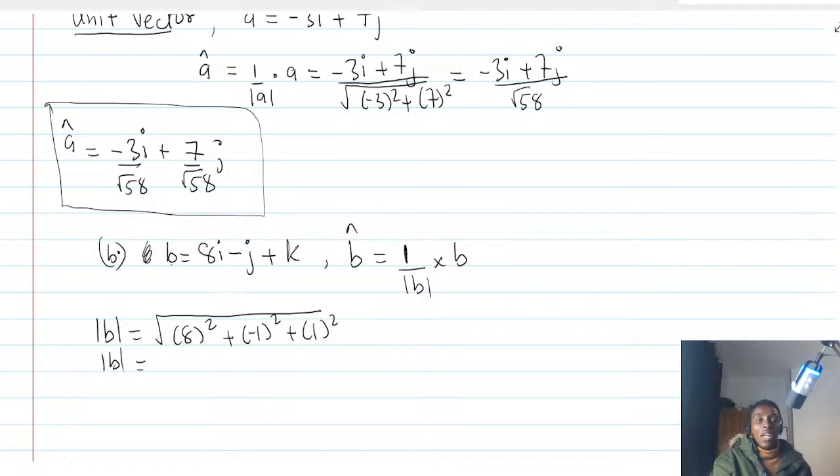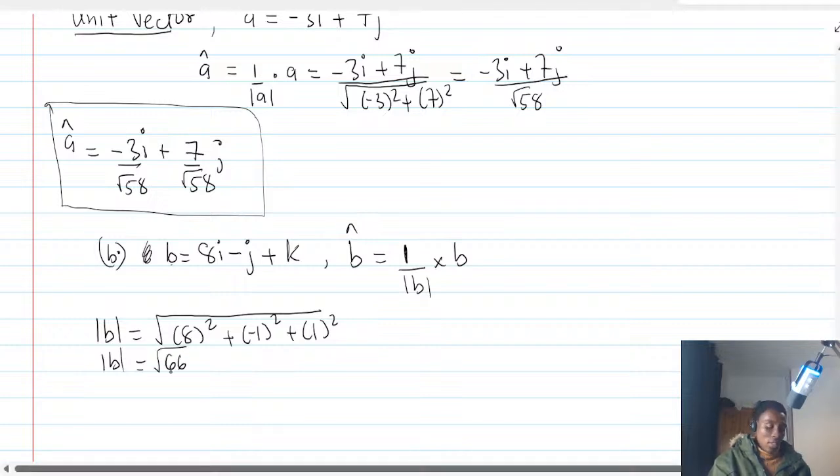So please, I'm waiting for the answer. So that is square root of 66. Is that right?